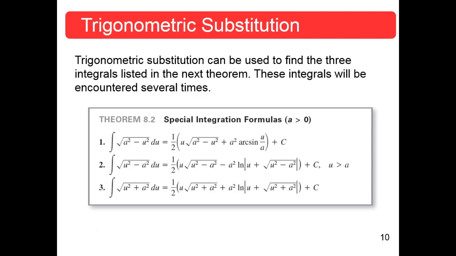Why are they just giving them to you and not having you derive them? I'm not really sure. Exercise 65 is to derive these, to verify them.